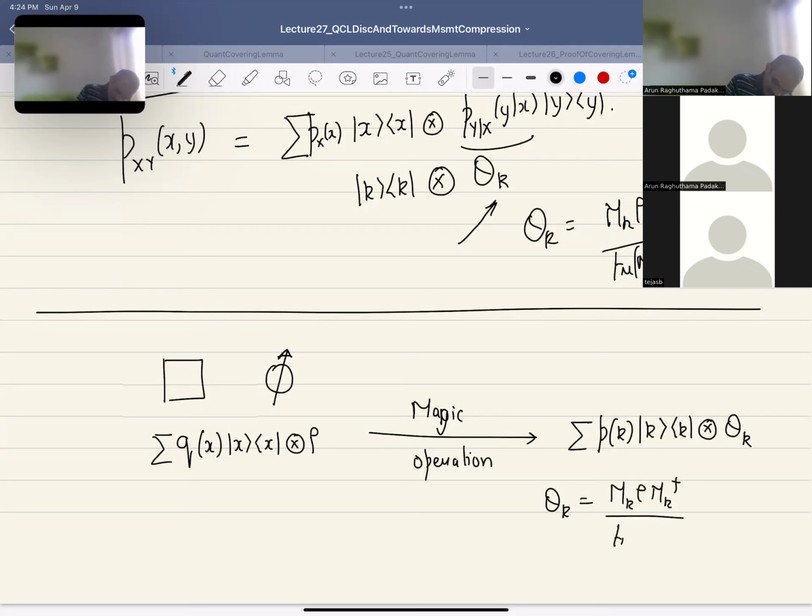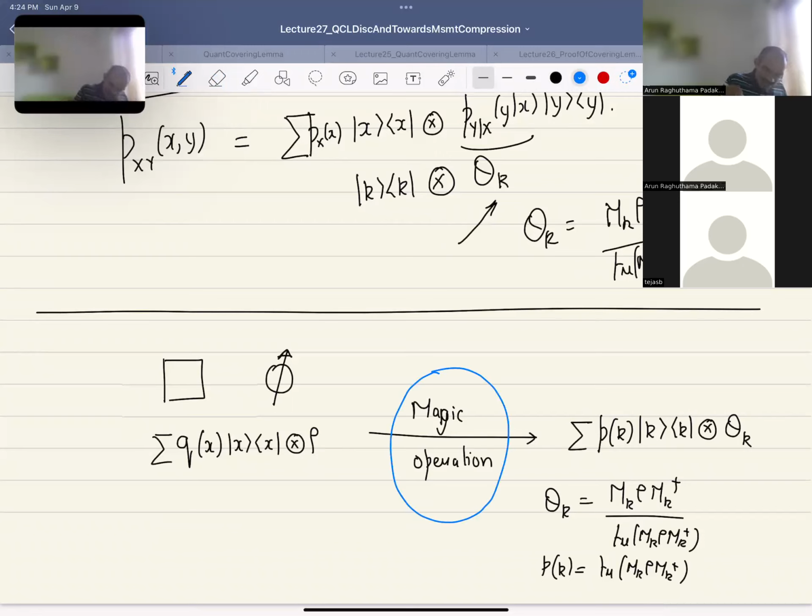I don't do MK, but I end up in this state, suppose. And P of K is trace MK rho MK dagger. Then this magic operation gives me the same amount of information as the measurement process. Do you agree? This is very important.